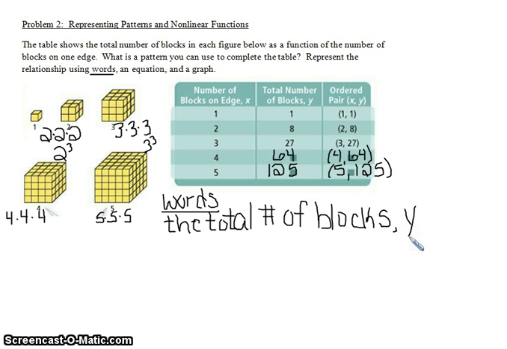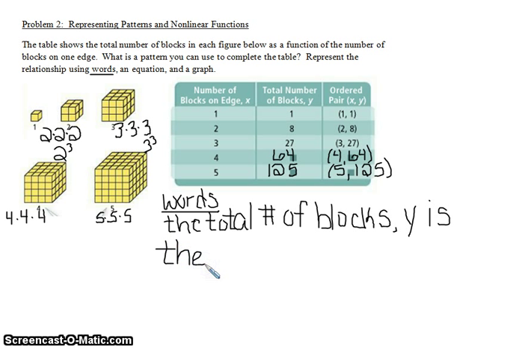So the total number of blocks is y. Well, how are we getting y? We're getting y because we're taking the number of blocks and raising it to the third power.